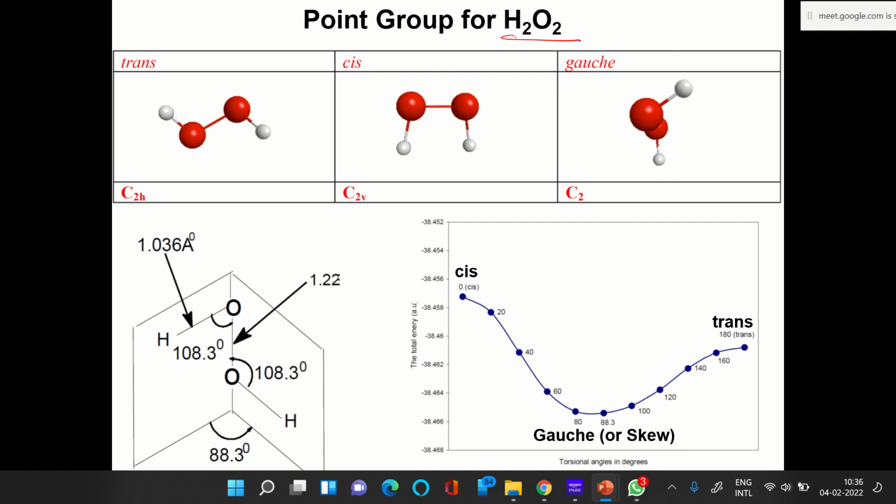Look at it this way: imagine you have a book, this is one oxygen, this is another oxygen, and they form the main hinge, the line from where the book opens and closes. So this is the book's line, and then look at the pages.